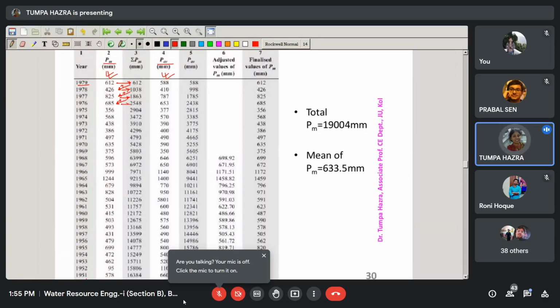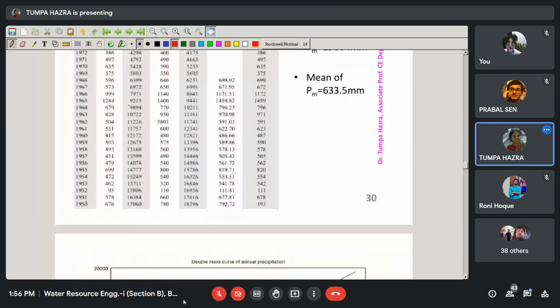In this way you will calculate the accumulated precipitation. The last entry will be the entry of 1951 plus 676.